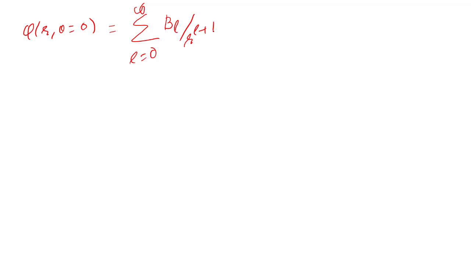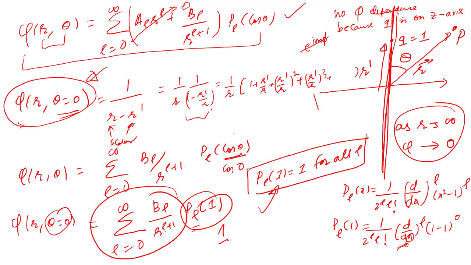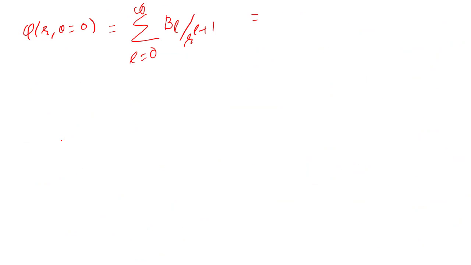But the boundary condition that I derived from here is that phi at r and theta equal to 0, so we can plug that in. This should be equal to 1 over r times 1 plus r prime by r plus (r prime by r) whole squared plus (r prime by r) whole cubed, and so on and so forth.